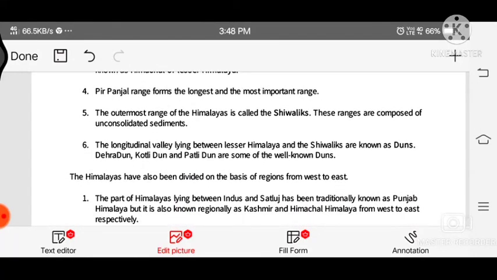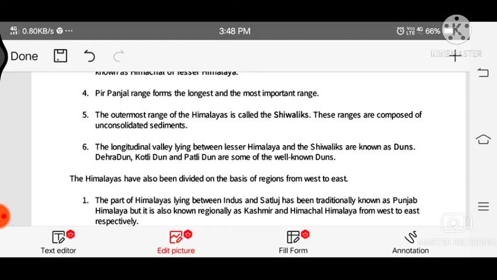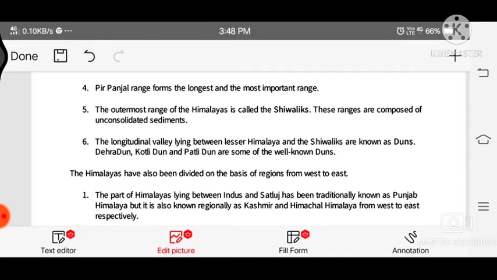The Pir Panjal range forms the longest and the most important range in this area.